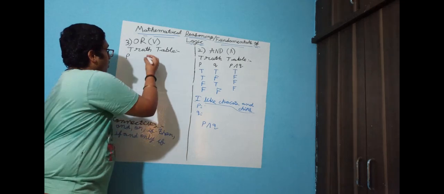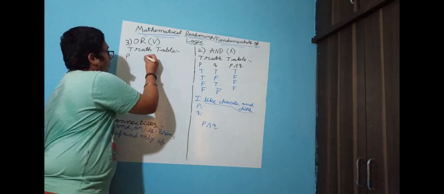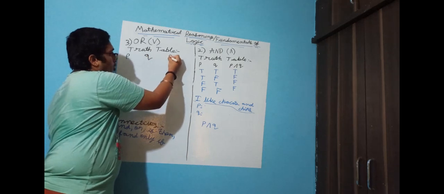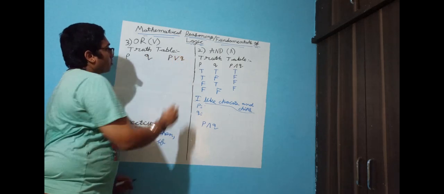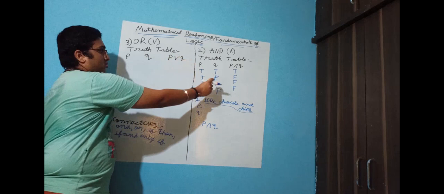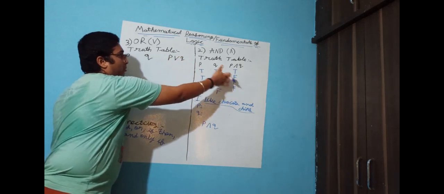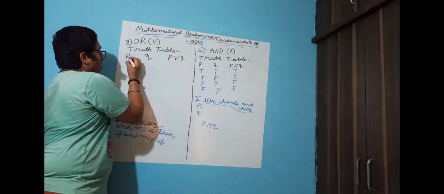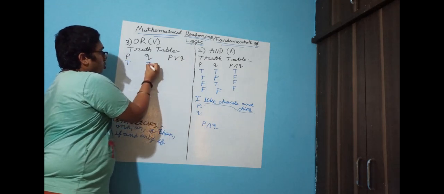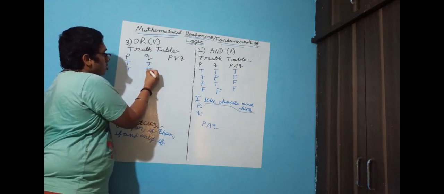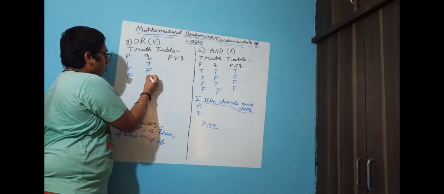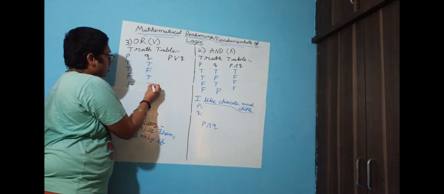In such cases, we use this. P, Q, P or Q. Same, the first three columns will be the same, but the last column will be different. True, true, true, false, false, true, false, false.